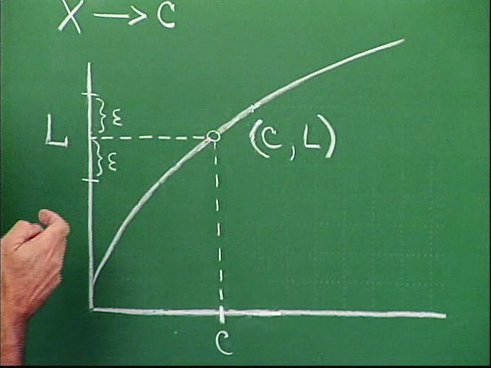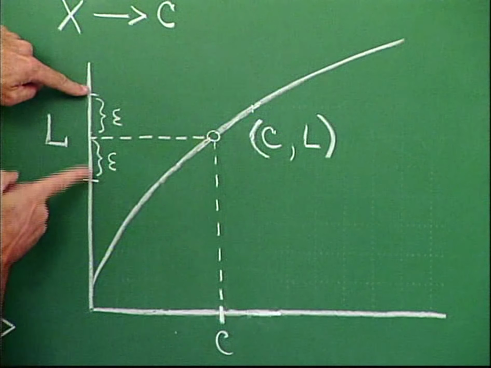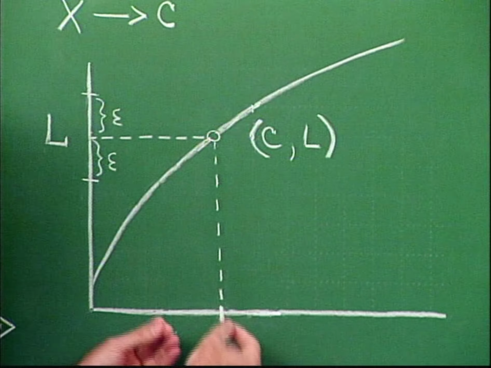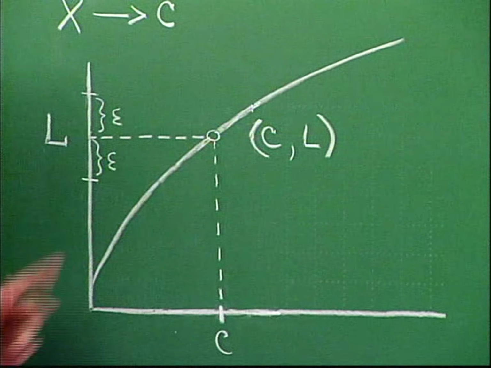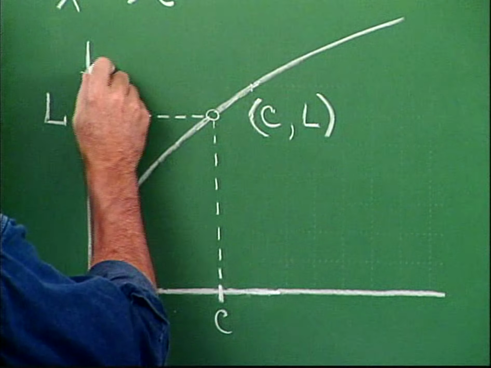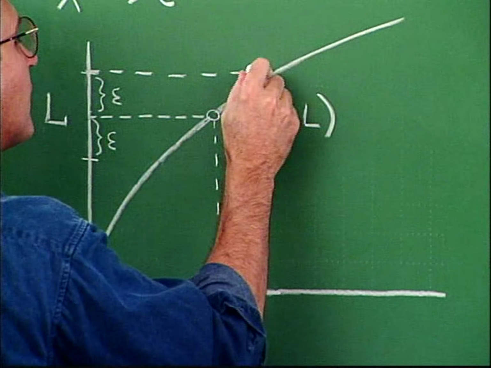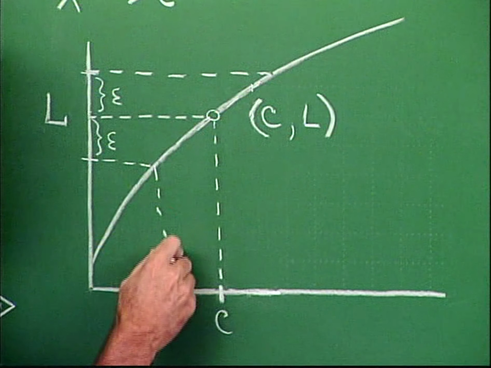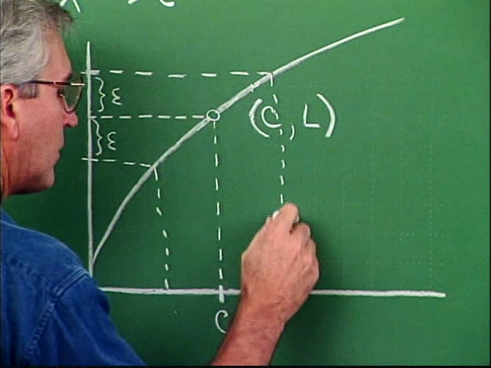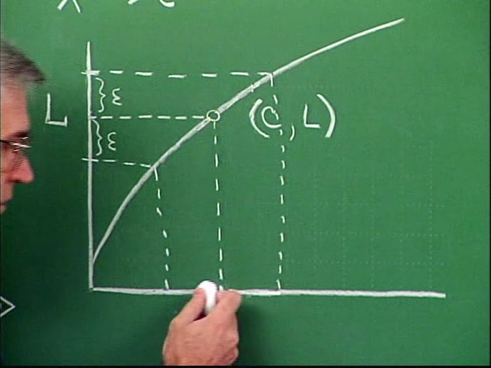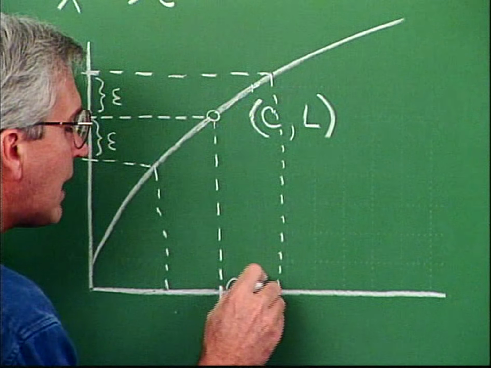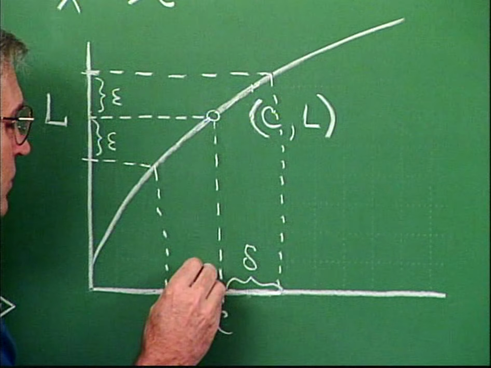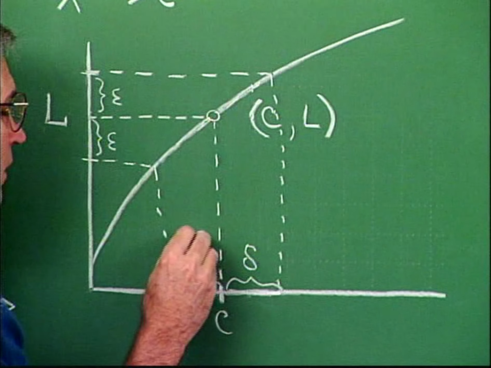So here is this epsilon distance from L. And how does that correlate with distances or values of x down here? Well, let's see. We can just slide right over to our graph, and then right down to the x-axis. And we're going to call this region by a name, and the name we're going to call it is delta, lowercase delta.